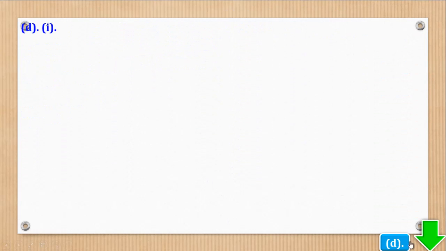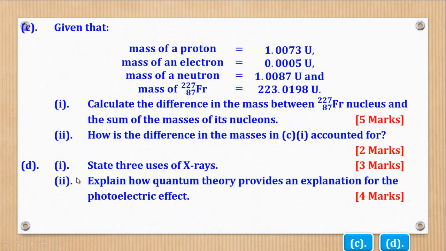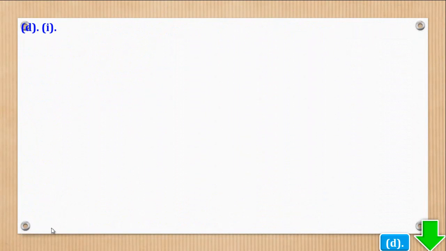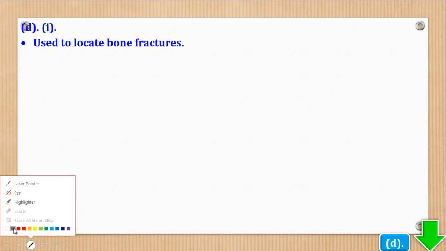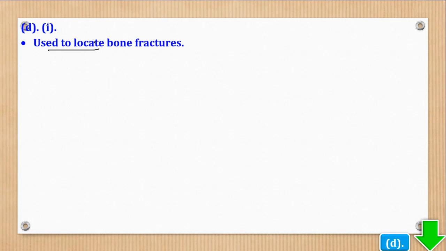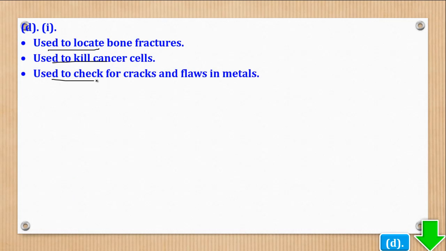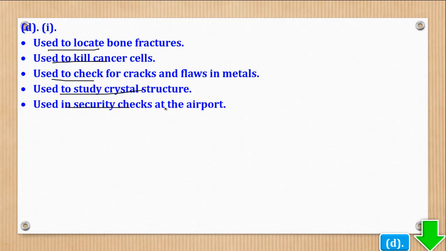Then part D, state 3 uses of X-rays. So one, used to locate bone fractures, used to kill cancer cells, used to check cracks and flaws in metals, used to study crystal structures, used in security checks at the airport.